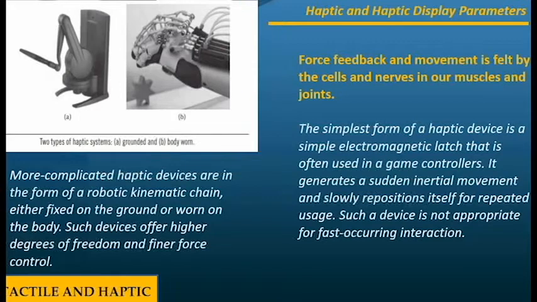Then we have more complicated haptic devices in the form of a robotic kinematic chain, either fixed on the ground or worn on the body. Such devices offer higher degrees of freedom and finer force control.